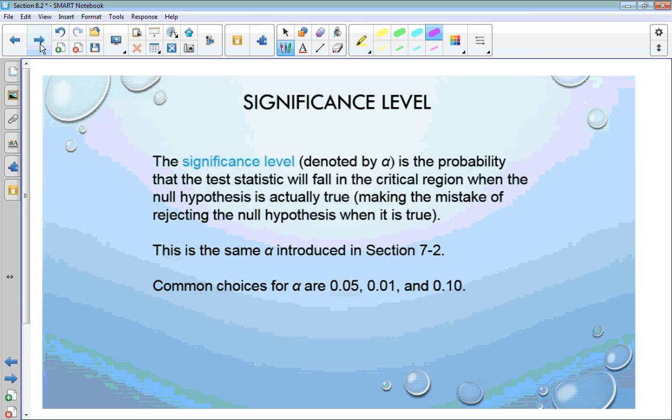So we want to make that area small. The bigger the ramifications of making that error, the smaller we need to make alpha. This is the same alpha that we talked about in 7.2. The common choices for alpha again are 0.05, 0.01, and sometimes we use 0.10, and of course that would give us, as before, a 90% confidence interval.